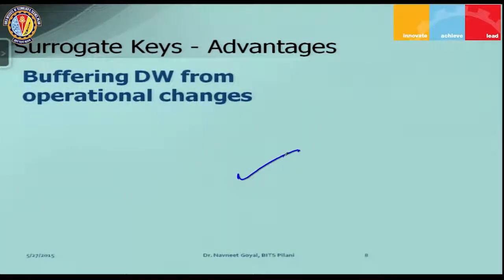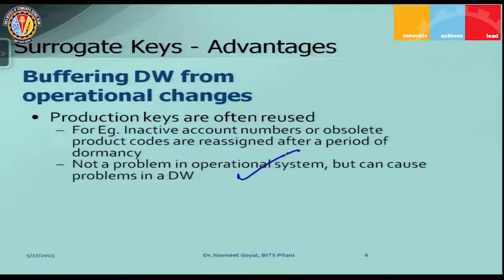Now, buffering the data warehouse from operational changes. This is a typical scenario in a bank or in a telecom company, where inactive account numbers or obsolete product codes are reassigned after a period of dormancy. If an account has not been used for a long time, I would reassign it to some other customer.